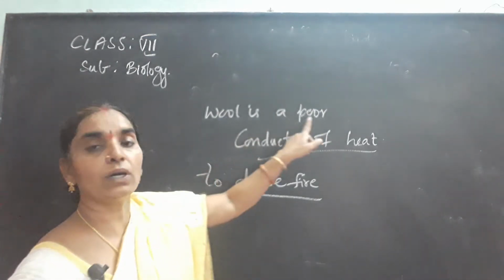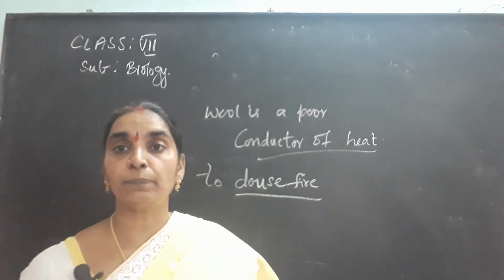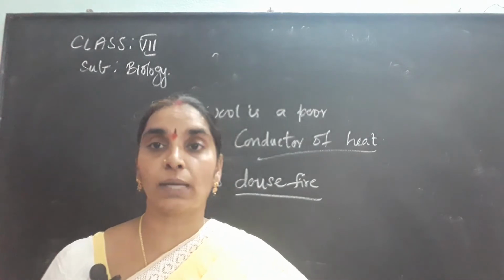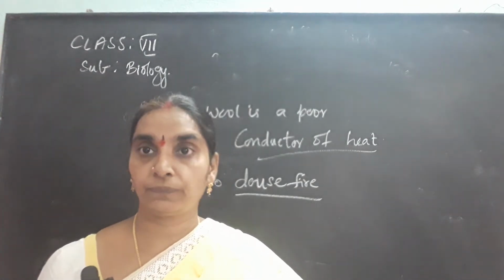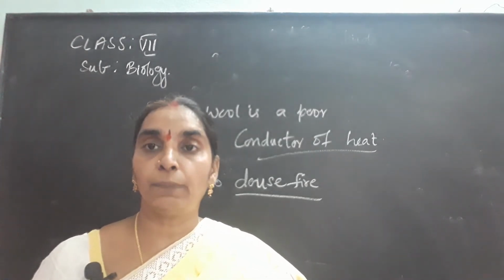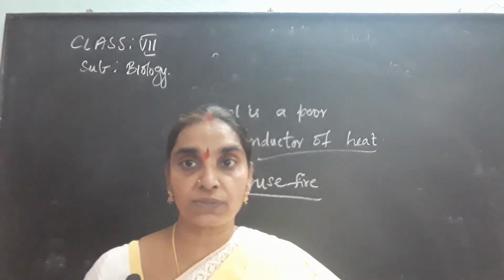Wool is a poor conductor of heat because it does not allow the air from our body to go outside, and does not allow the outside air to come inside. So our body remains warm. So we wear woolen garments in winter to make our body warm. Our body always produces heat and remains warm, isn't it?